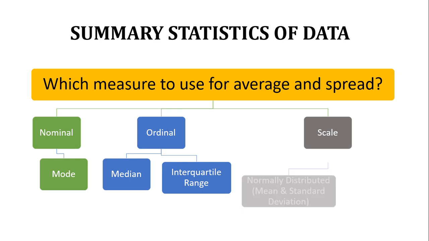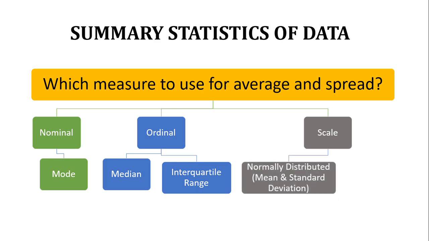But if you are dealing with a scale variable, interval and ratio scale variables, and your data is normally distributed, or you can say parametric, then you must calculate mean and standard deviation for finding out the average and spread. And you can also calculate median or interquartile range if your data is not normally distributed.